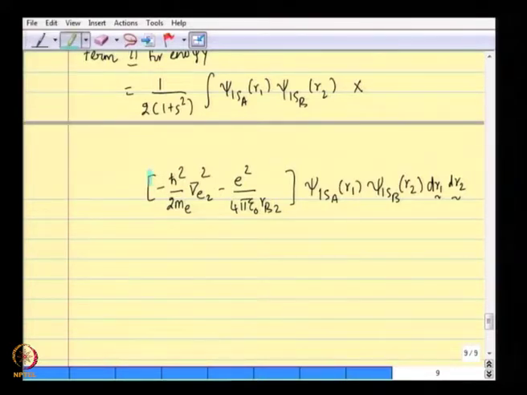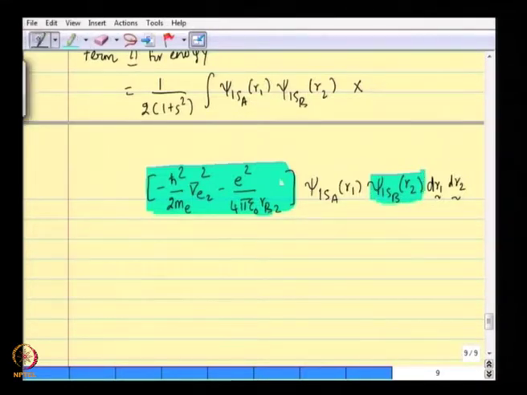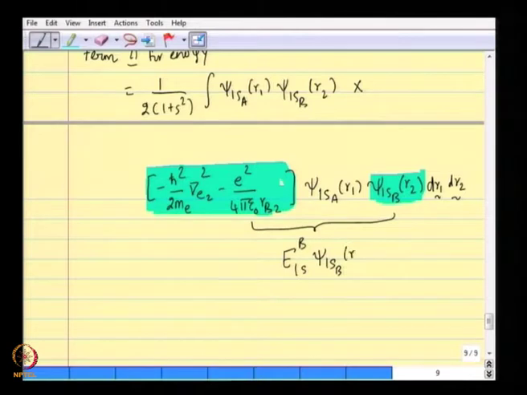Okay. That is, this is the Hamiltonian for the electron associated with atom 2 and acting on the wave function associated with the electron in atom 2 psi 1 as B, and the answer for this is going to give you E 1s, and B or A does not matter because B or A essentially tells you which atom, I mean both hydrogen atoms are equal. So, E1sB and E1sA are the same, but acting or multiplied by psi 1sB or 2.